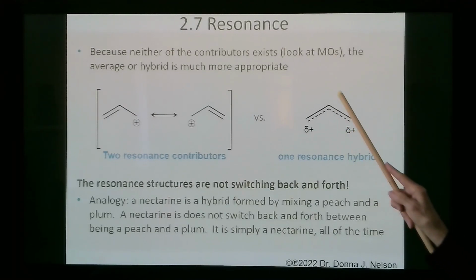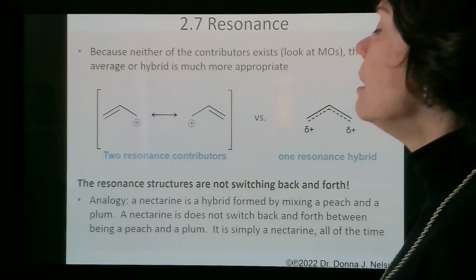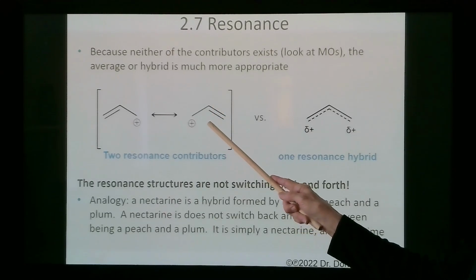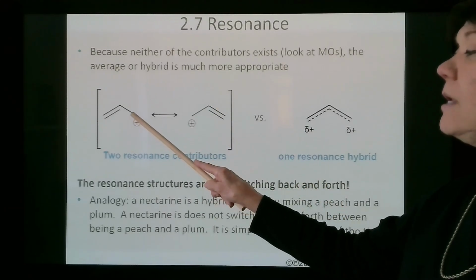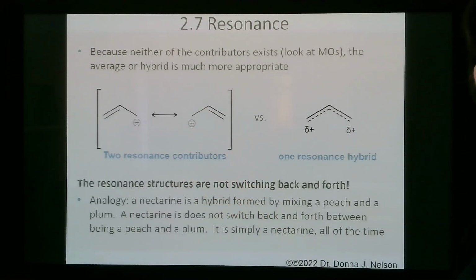They are not jumping back and forth. This is not vibrating between 2 distinct structures, and it would not be possible to isolate one structure and then isolate the other. These are 2 drawings, and both are needed together to depict one molecule.